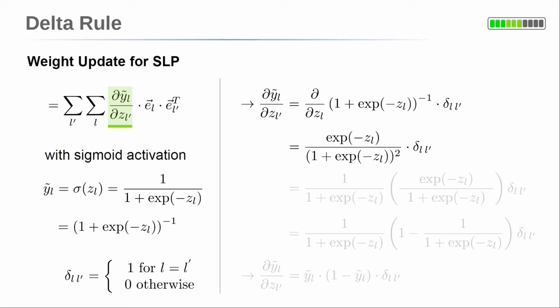This minus sign cancels with the minus sign from the negative exponent. Note that the Kronecker delta is a constant with respect to z_l, so it stays untouched. Next, the result is split into two factors by splitting the denominator into its factors.